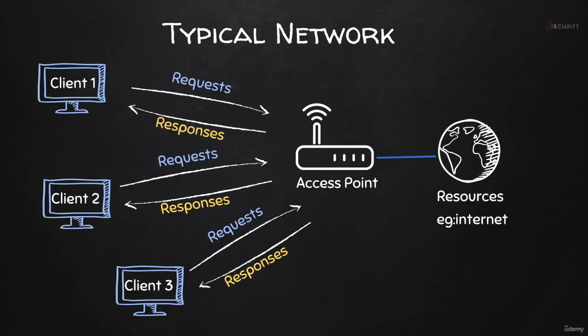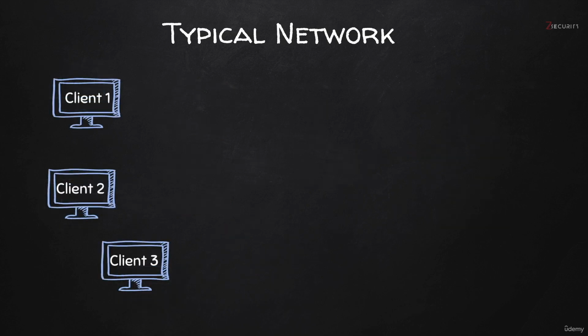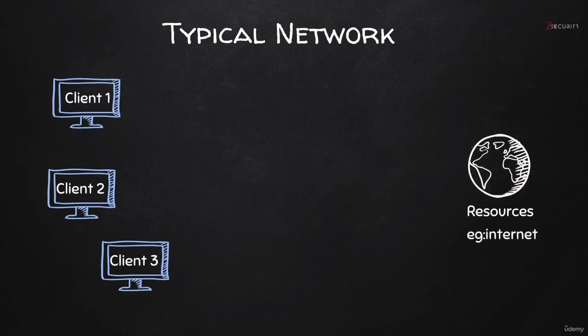Now, before we start talking about network hacking, you need to have a basic understanding of how networks work. We all know that a network usually contains a number of clients connected to each other, and clients usually connect to a network in order to share data or share a resource. A really good example of a resource that we all connect to networks to access is the internet.